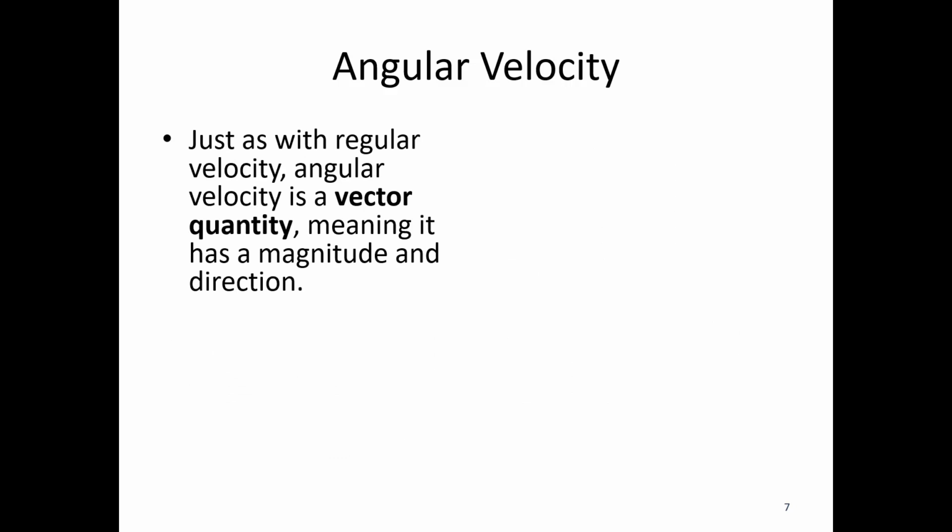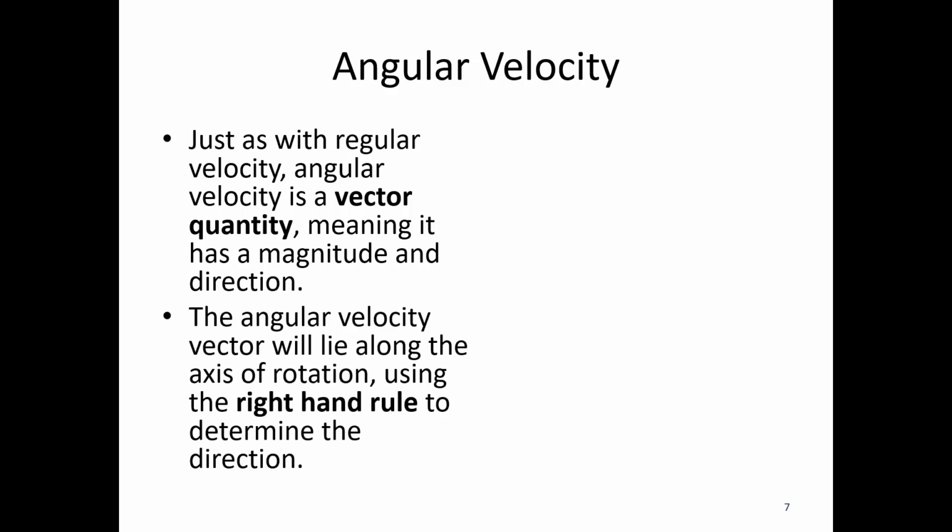All right, so just as with regular velocity, angular velocity is a vector quantity, meaning it has a magnitude and direction. The angular velocity will lie along the axis of rotation. So think about the axis that the object is rotating about, and we're going to use the right-hand rule to determine direction. The right-hand rule is as follows.